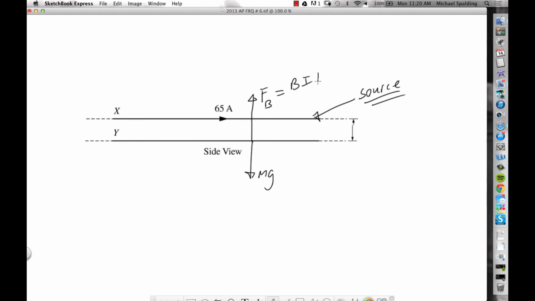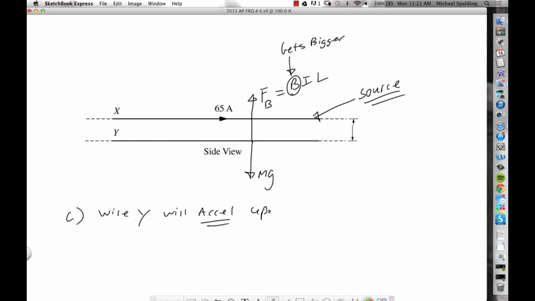F equals BIL, so the magnetic field gets bigger. Right? The B is going to get bigger. So therefore the force. So what does that mean? What's going to happen to wire Y? It'll accelerate up, right? So the correct answer for C is wire Y will accelerate up, right?